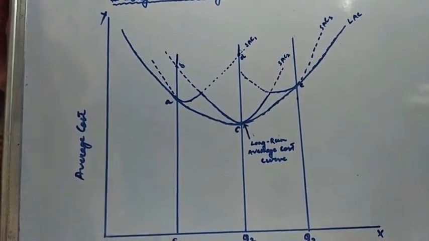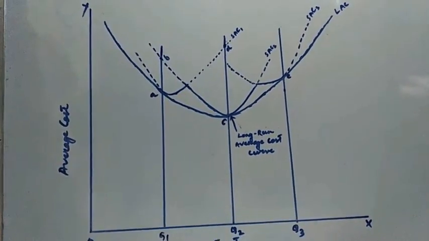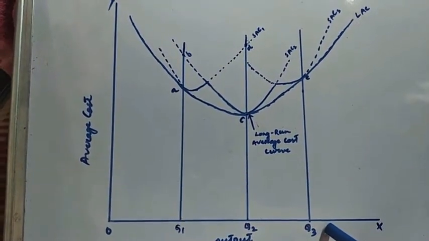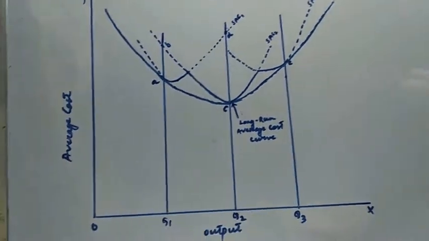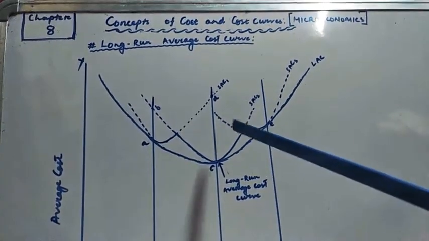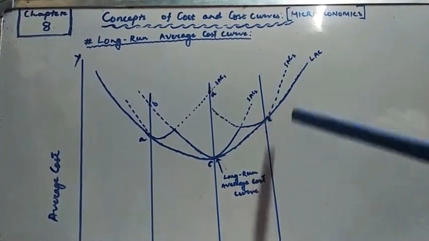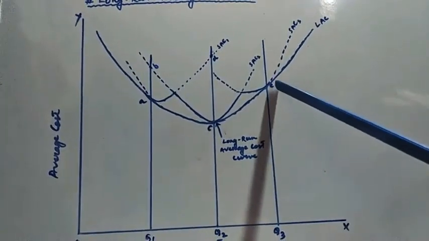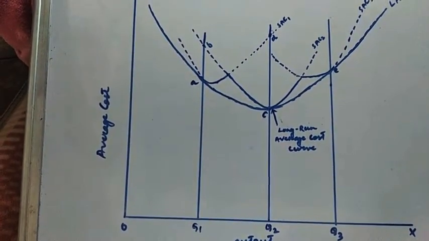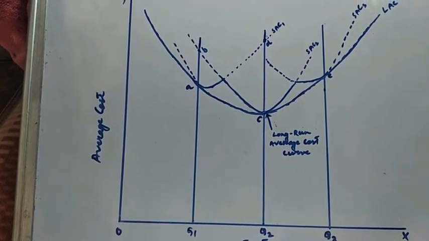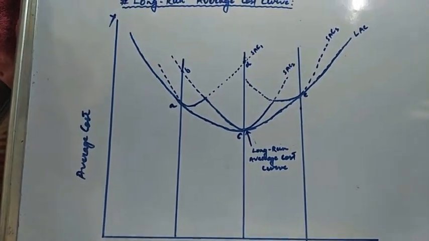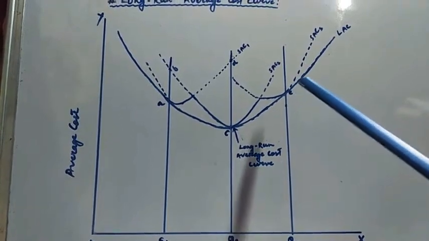Similarly, if a firm plans to produce OQ3 level of output by choosing the plant size represented by the short run average cost curve SAC3, it will be operating at point E, to minimize its total cost of producing OQ3.